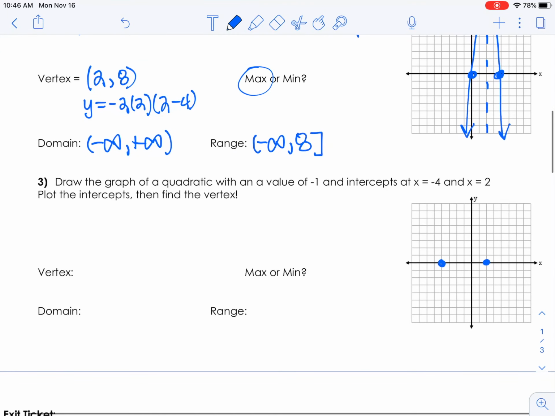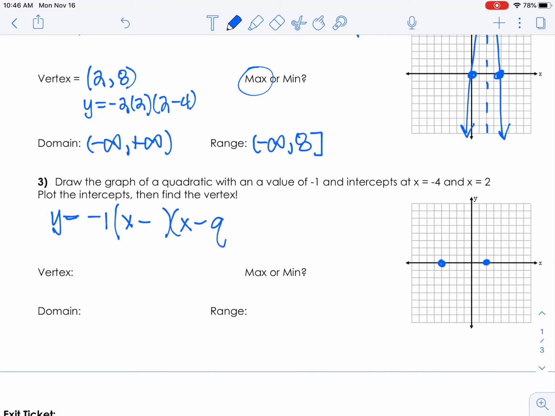When I write my equation, I know that I have y equals that a value, so -1, times (x minus p) and (x minus q). Okay, now remember that p and q have the opposite signs. So for us to have an x-intercept of -4, that would be +4 in the parentheses. And +2 would be -2 in the parentheses.